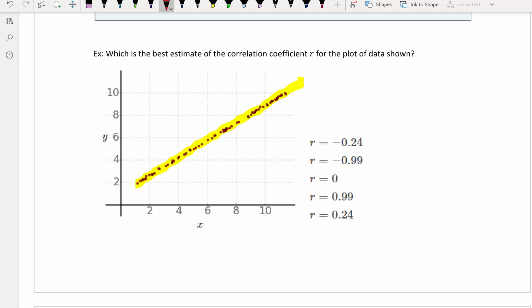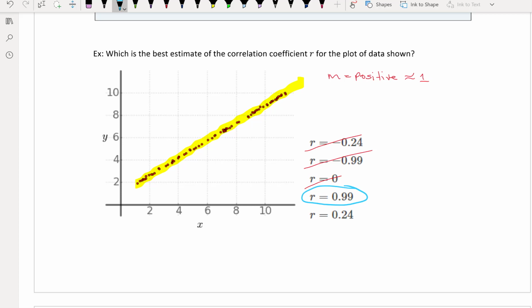Now I have to determine, is this a +1 or a -1? Let's look at the slope. The slope here is positive, and you want it really close to 1. So what value is going to be the closest to 1? Well, it can't be negative. It's not 0. So by process of elimination, my answer is going to be r equals 0.99.